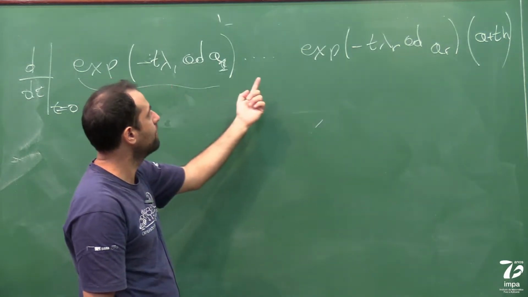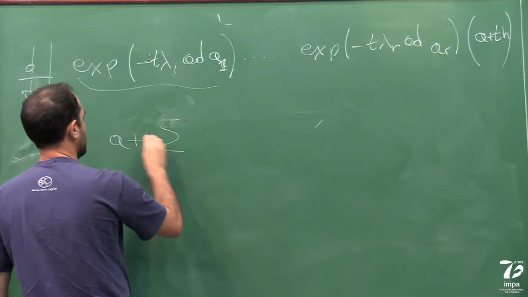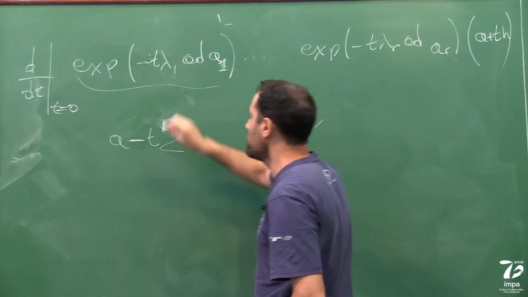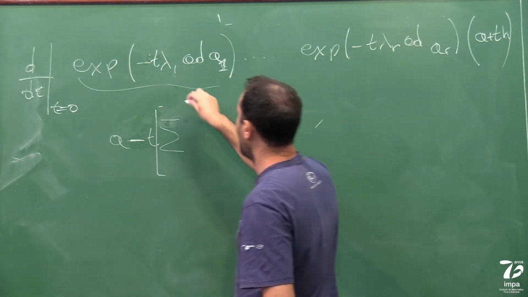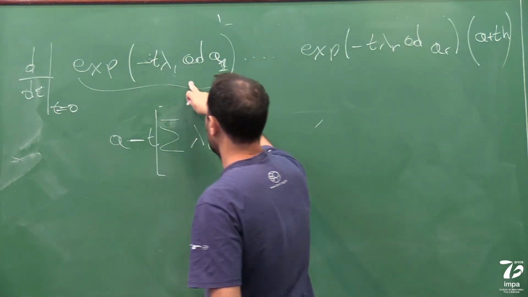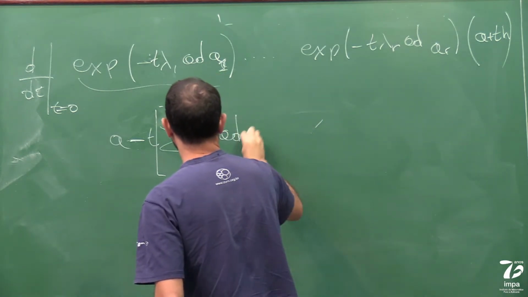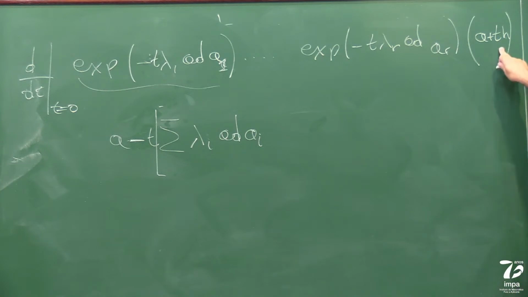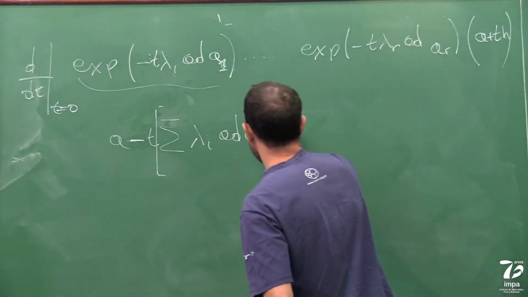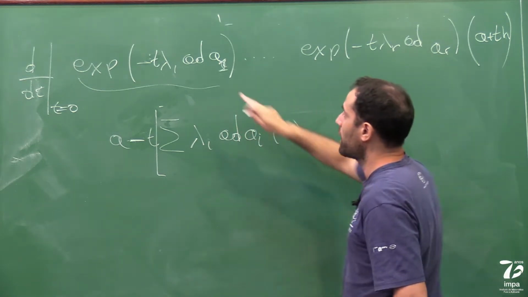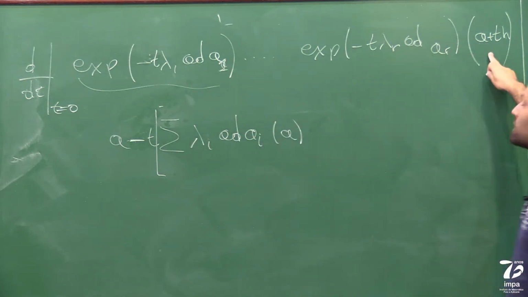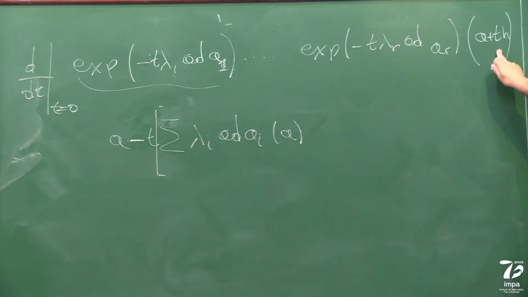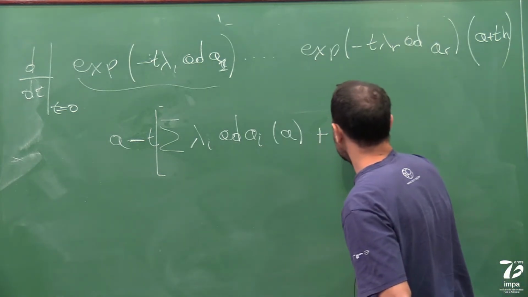So that's going to be a sum of, with a minus sign because there's a minus here, and a t because I'm looking at the linear term, lambda I adjoint action of AI applied to A, since I take the constant term on the element. But there's one extra term, which is to take the identity for all of these factors and apply it to t times H. So I have plus H.